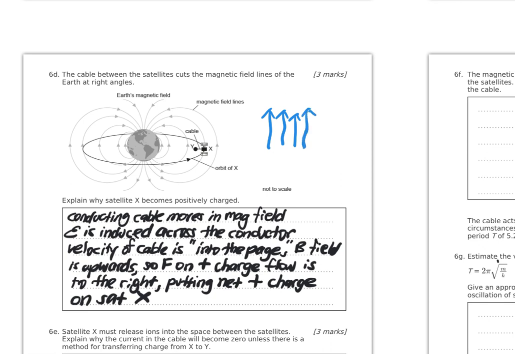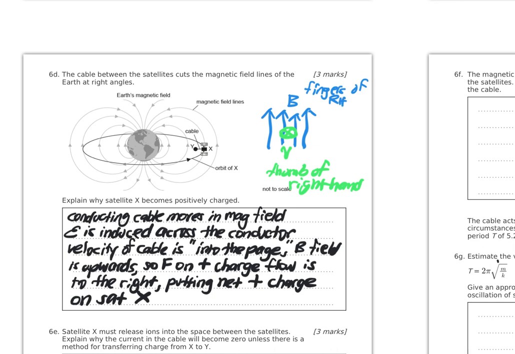The velocity of the system is into the page, so I'm going to represent that with circle X, velocity, and then this is magnetic field. And so with the velocity going into the page, that would be the thumb of the right hand, and then the magnetic field are the fingers of the right hand.